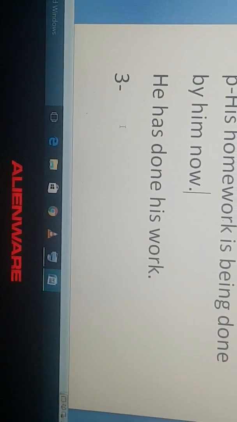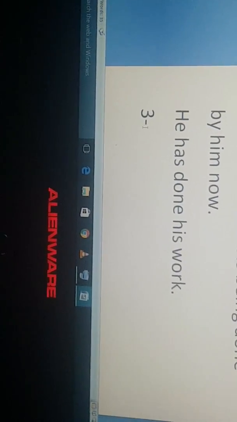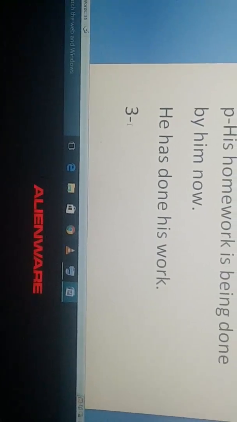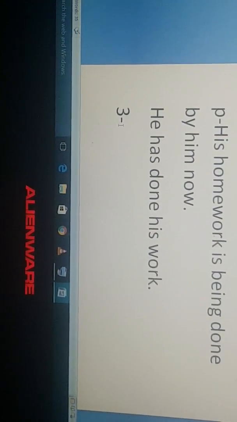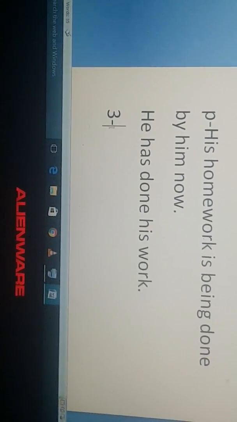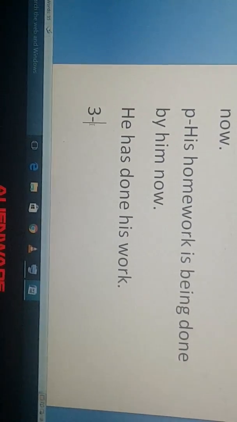Now one more sentence we have, in a different tense: he has done his work. You can easily understand that it is in present perfect tense. The first one was present indefinite, the second one was present continuous, and now we are getting a sentence in present perfect tense.